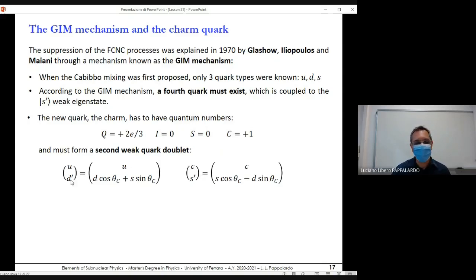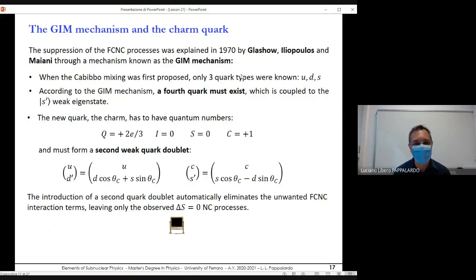So you can have two different weak quark doublets only if you allow for the existence of an additional quark, the charm, that was not even predicted up to now. This was the only theoretical argument to ask for a new quark, the charm quark. So let's see now how the addition of a fourth quark, and so of a second weak quark doublet, can solve the problem of flavor changing neutral current processes.